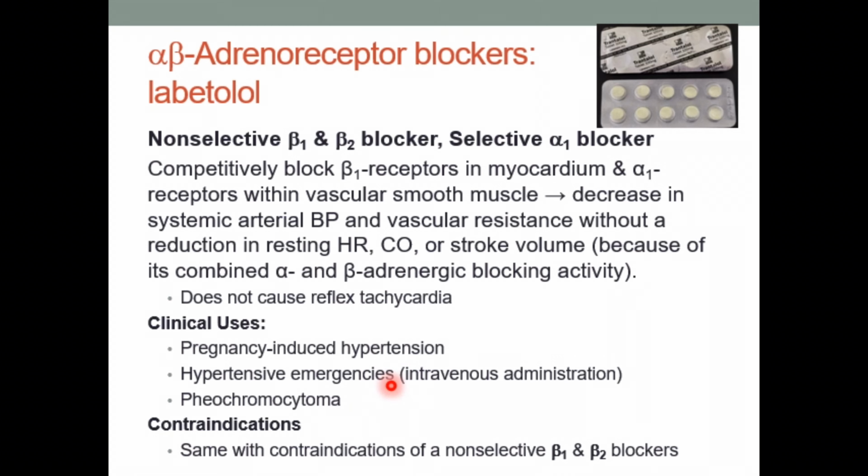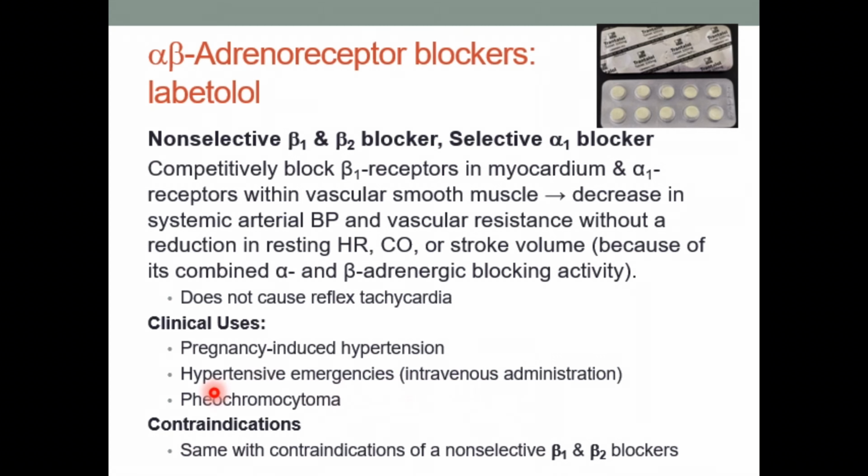You have to do it in stages, but you can do that using IV labetalol. You can titrate it, okay, to lower the BP to a certain level, and then maybe lower it later slowly to the normal levels.